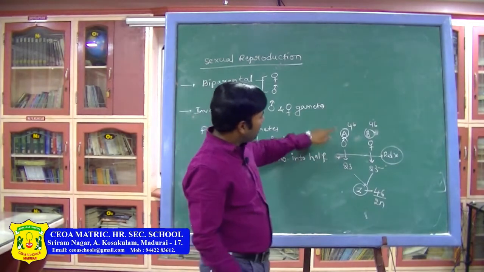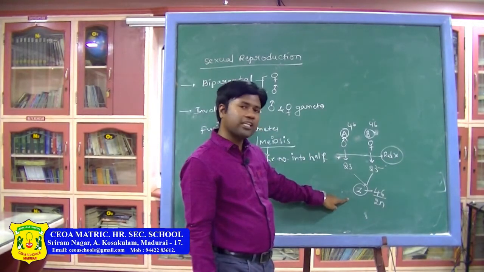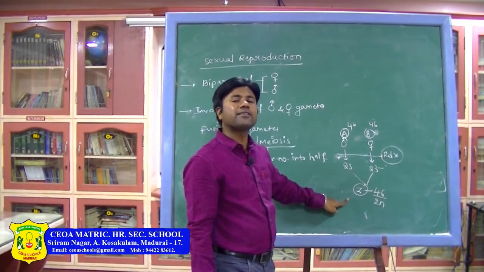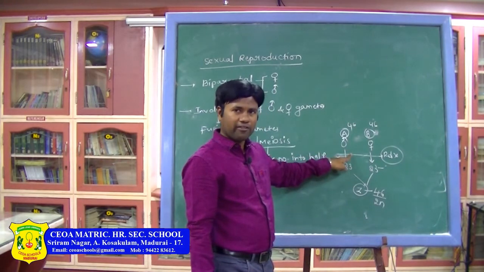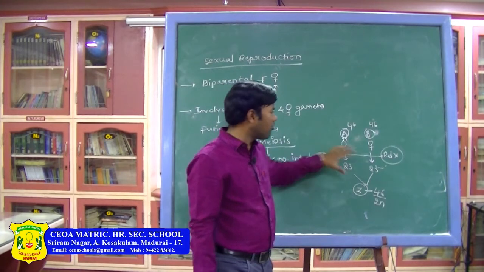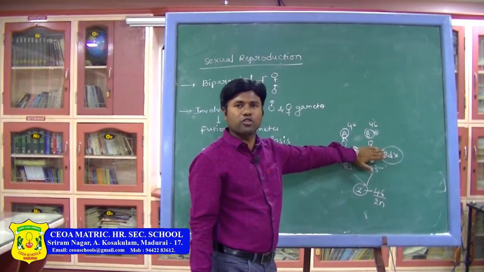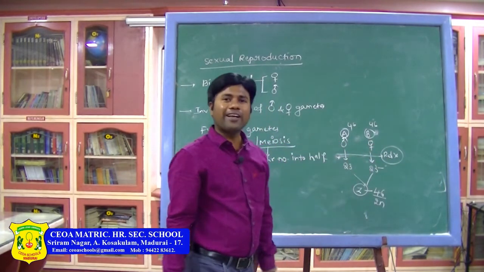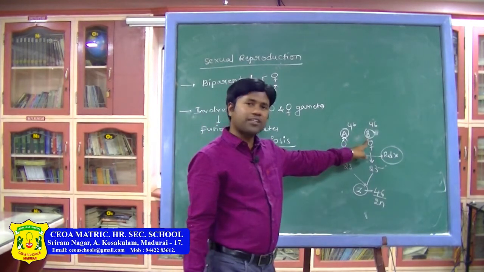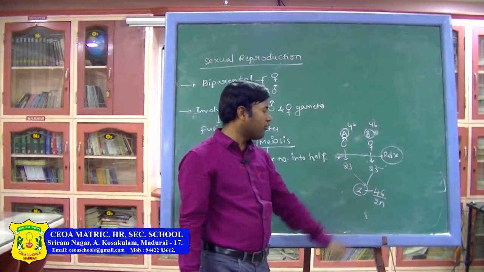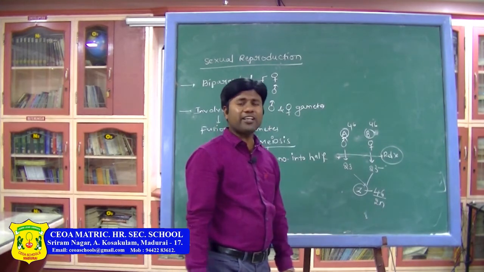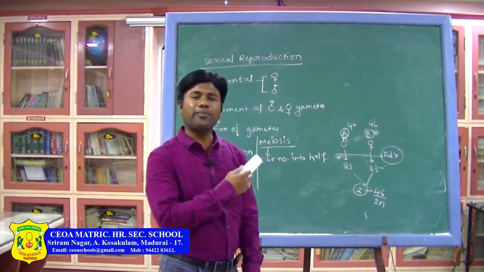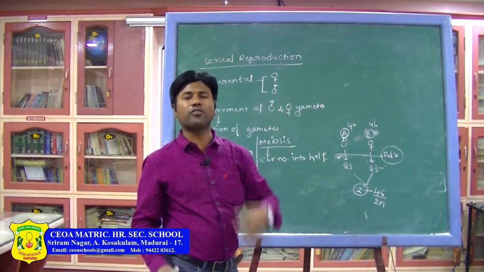Now the parental and next generation chromosome number is the same, due to meiosis cell division. Let us assume meiosis does not take place. What happens? Here 46, here 46. Both together, how many will we get? 92. This is only one generation. Imagine many generations: 92 plus 92, 184.